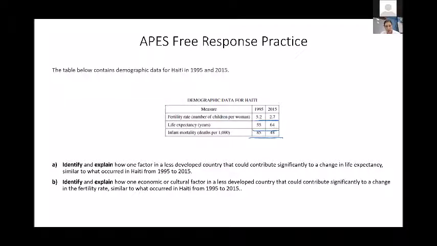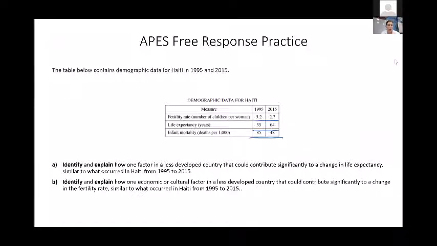So all of these demographic indicators tell us that the quality of life is increasing in this country, that they are going through the demographic transition and are getting into the industrial and post-industrial phases.